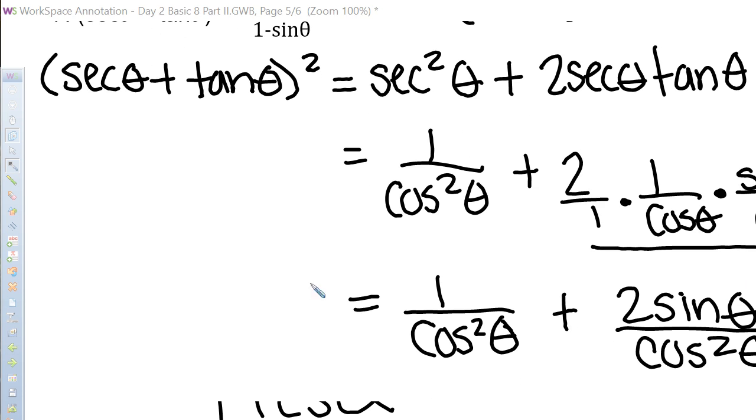And now that we have the common denominator of cosine squared, we can go ahead and combine all 3 of those fractions together. So add all 3 together. And I'm going to put it in standard form. So I'm going to write the sine squared of theta first, and then the 2 sine of theta, and then the 1. So writing it in standard form, highest power first.